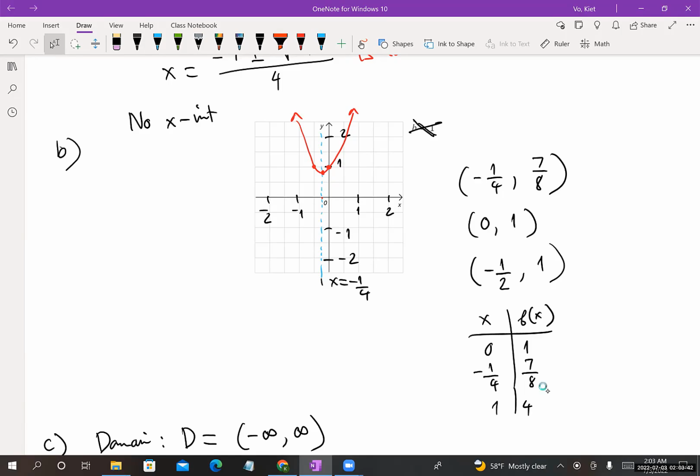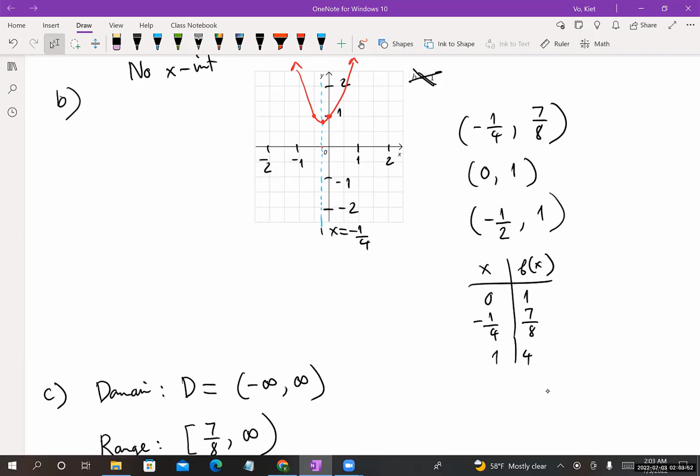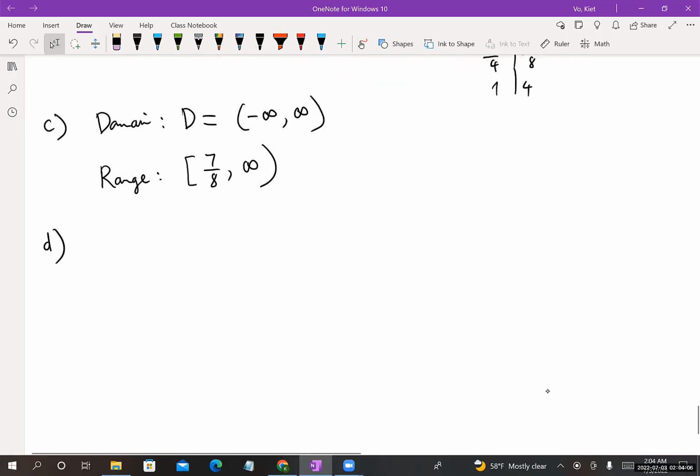The function is falling down from left to right on the left side of the vertex. So that means the function is decreasing. This function f of x is decreasing from negative infinity to where the x value of the vertex is, which is negative 1/4.